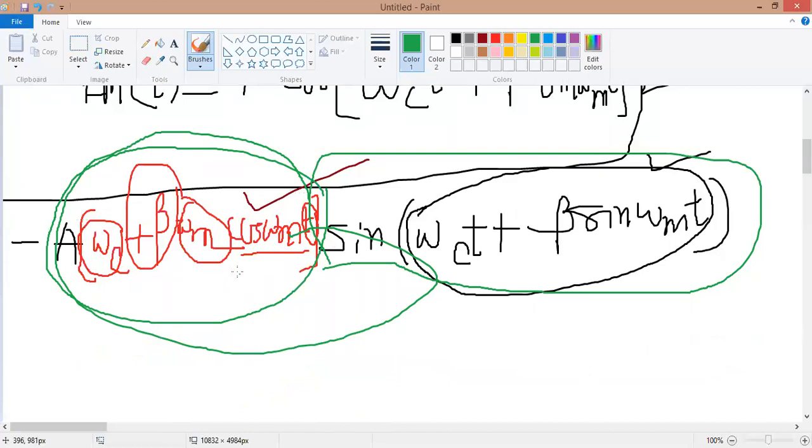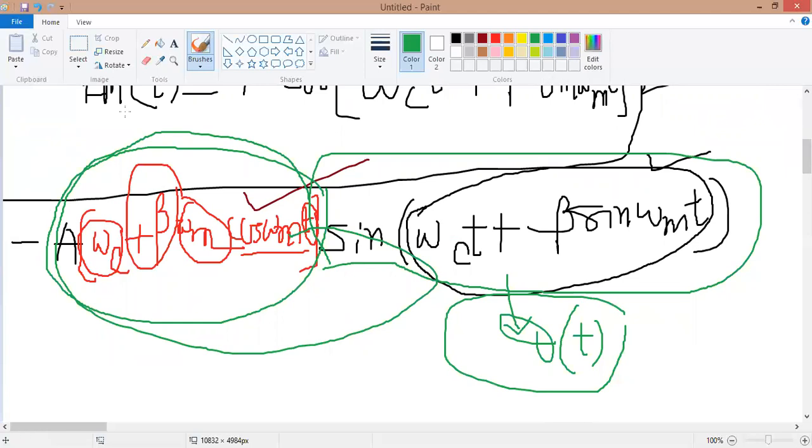If I take this particular portion as a function theta of t, I do not want to break it down more, but I want to think about the amplitude portion, the most important part, because I can pass it through the envelope detector ultimately.